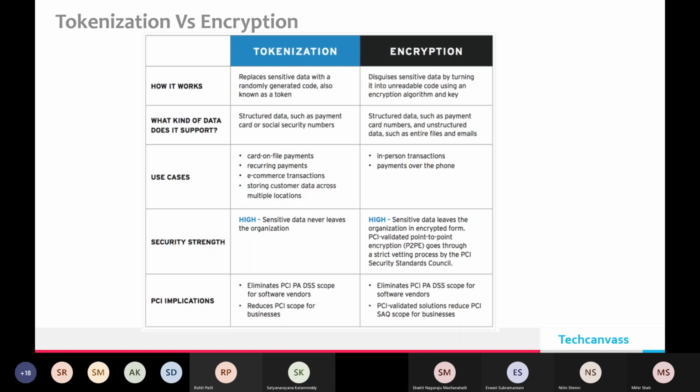How is tokenization different from encryption? When you look at tokenization and encryption, both are crypto methodologies. That means they hide the actual information and send some generic information to the other parties. And how is it different?